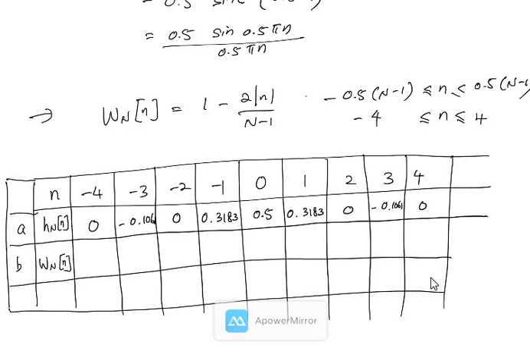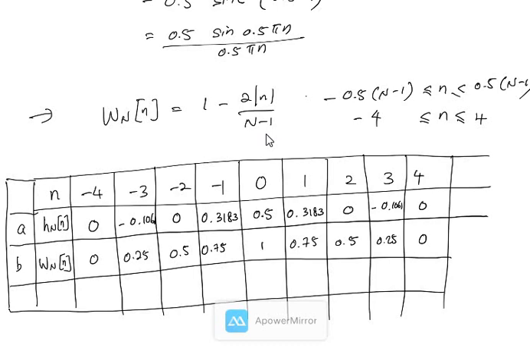And for w[n], I also use this formula. I get 0, 0.25, 0.5, 0.75, 1, 0.75, 0.5, 0.25, and 0.